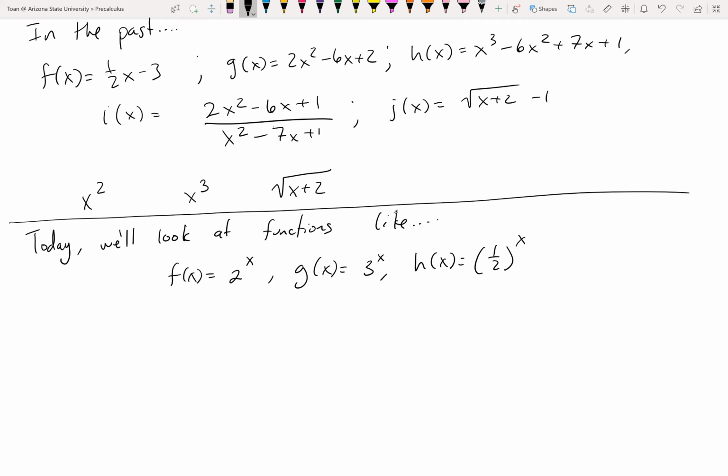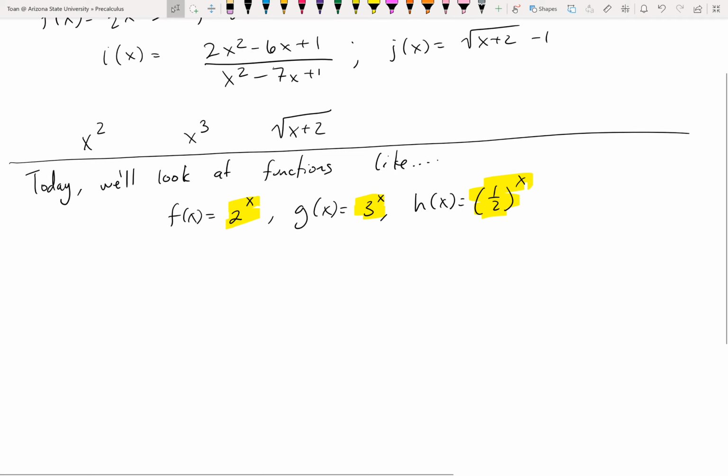Notice the difference between these function examples here and these function examples. The difference is that the variable x in the yellow examples, I guess I shouldn't have deleted them, the x is pushed up into the exponent. And when your variable is up inside the exponent, not surprisingly, we call them exponential functions.